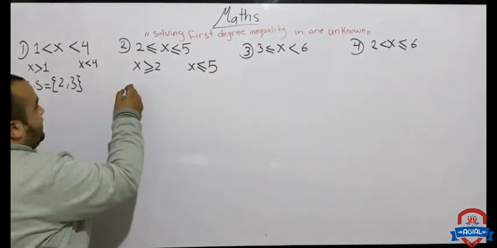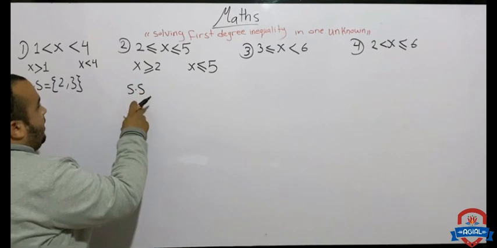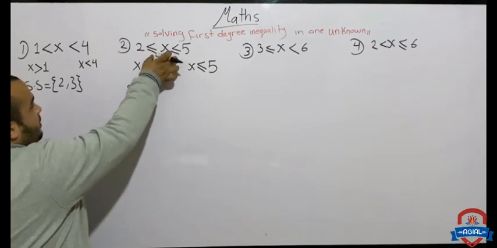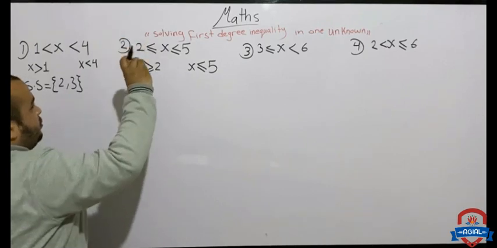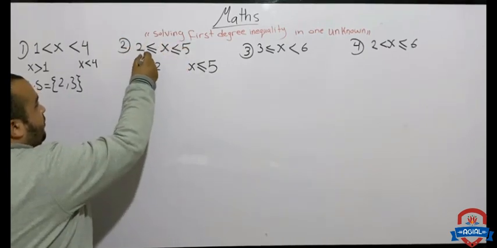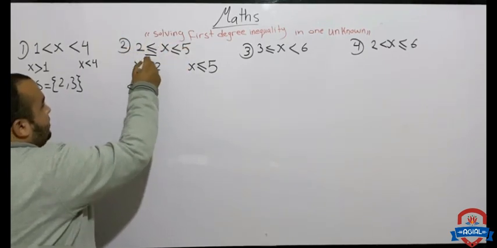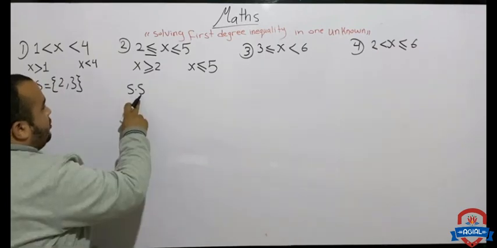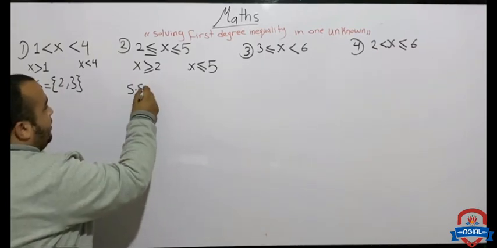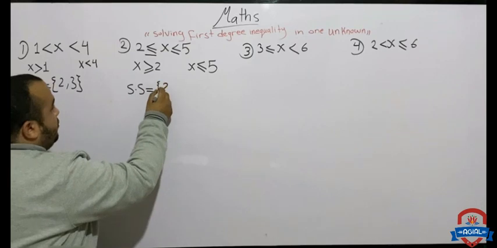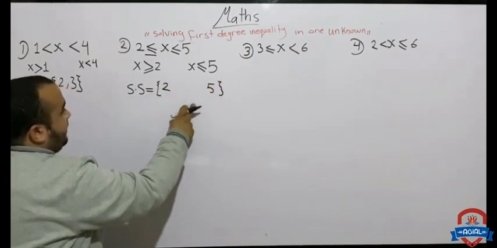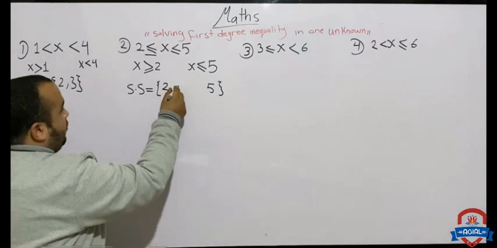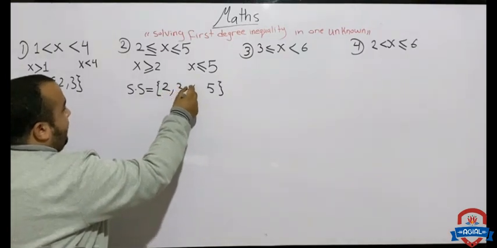So the solution set of this inequality equals all the numbers between 2 and 5, and we take the number 2 and the number 5 because we have the equality sign. So the solution set equals the set of 2 and 5 and the numbers between 2 and 5. So we have also 3 and 4.